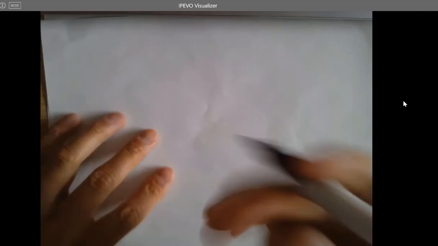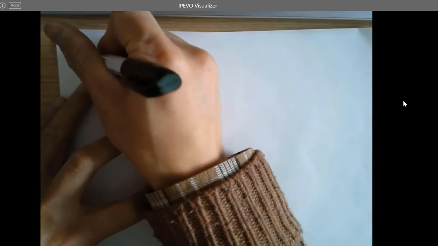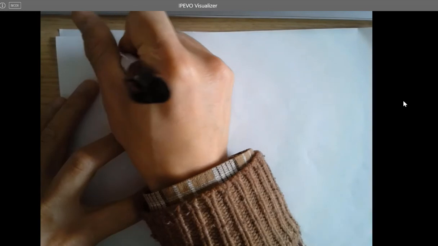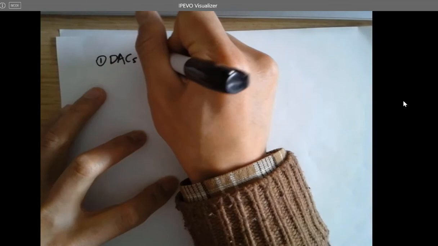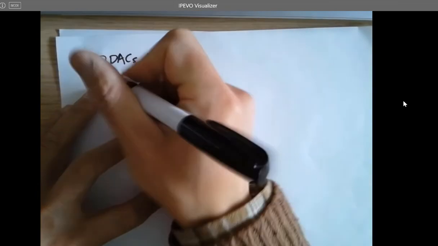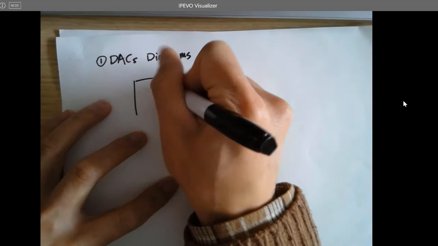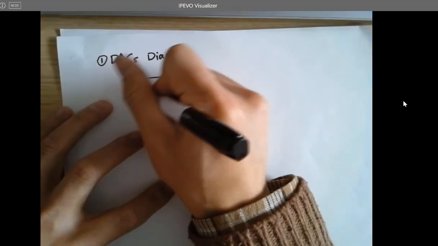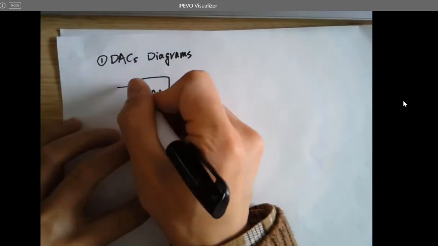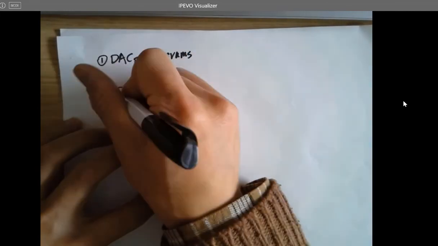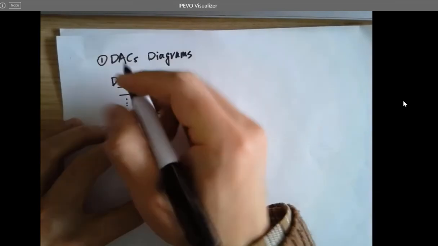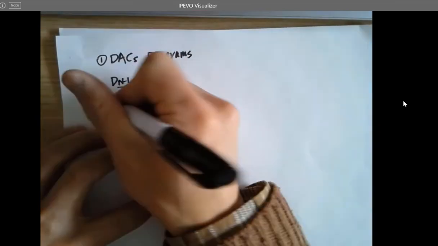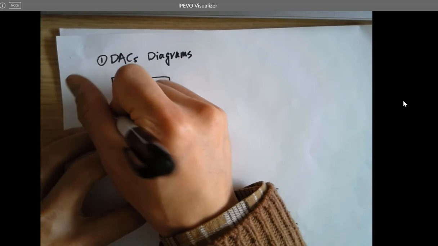So for DACs, like I mentioned, the block diagram looks like this. That's a DAC, and it can be, for example, starting from D, that's one digital bit, Dn minus 1, and that's D0 here.